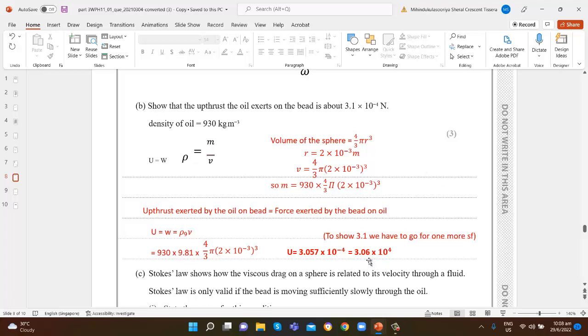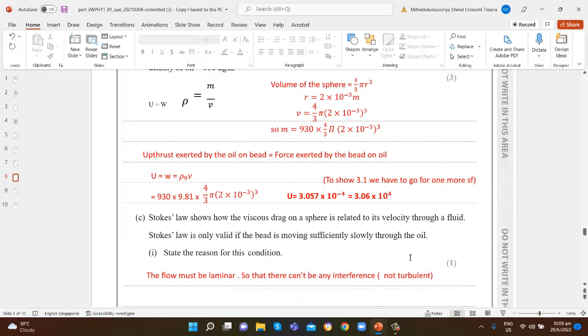I am always telling, if they are asking for one, you have to work to one more significant figure. So you are getting 3.06. That means almost 3.1. So your upthrust is about what they want, 3.1 times 10 to the power minus 4 Newton.